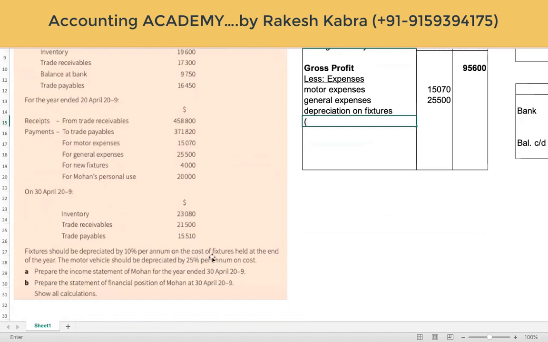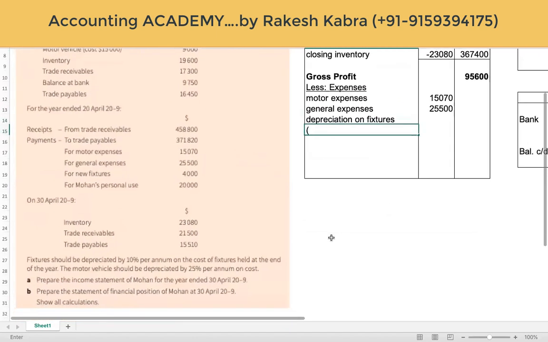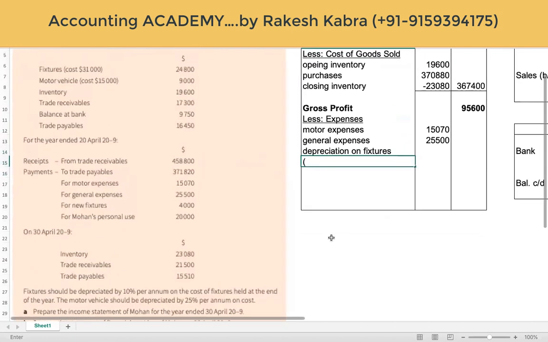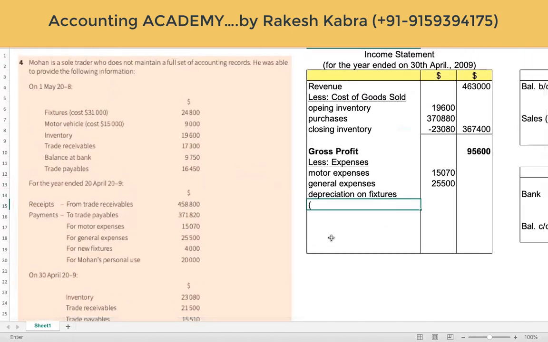On the cost means a straight line method, right? So whatever fixture we have on the last date, on that we will charge 10%. What is the cost of fixtures on the beginning date? 31,000. Only cost I have to take, 31,000.